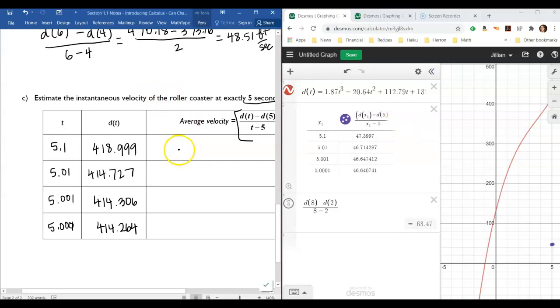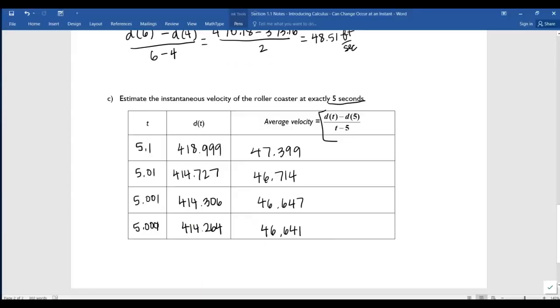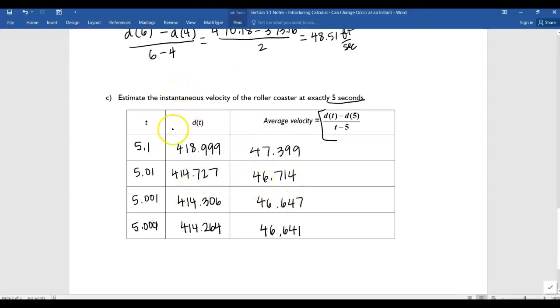All right, so let's write in our average velocities: 47.399, 46.714, 46.647, and 46.64. We could round it up to 1 if we want. And so what we're looking at is trying to see, is there some pattern?